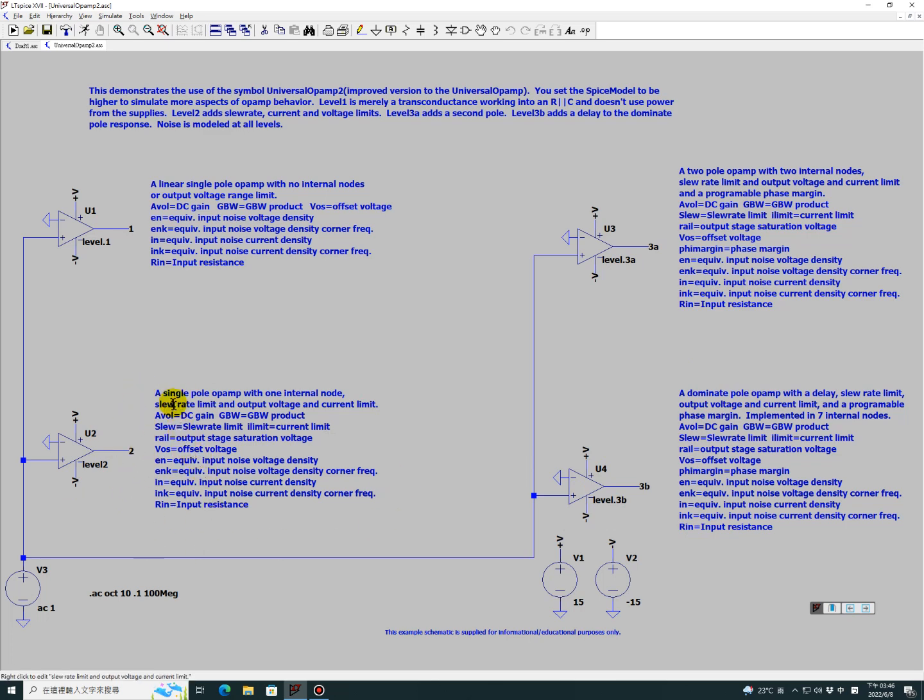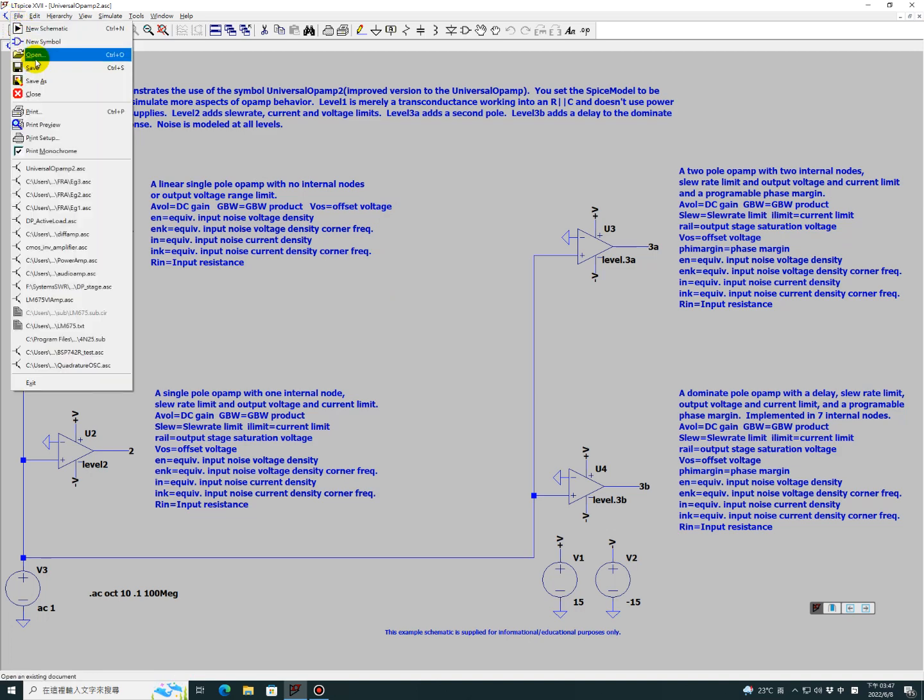Level 2 gives you a single-pole op amp with 1 internal node, and the slew rate limit, output voltage, and current limit are set by these parameters: the DC gain, bandwidth product, slew rate, current limit, output stage saturation voltage, VOS offset voltage, and also the input impedance. That's the definition of the universal op amp.